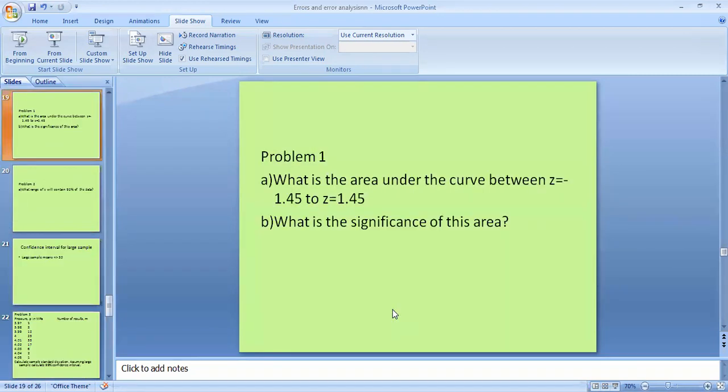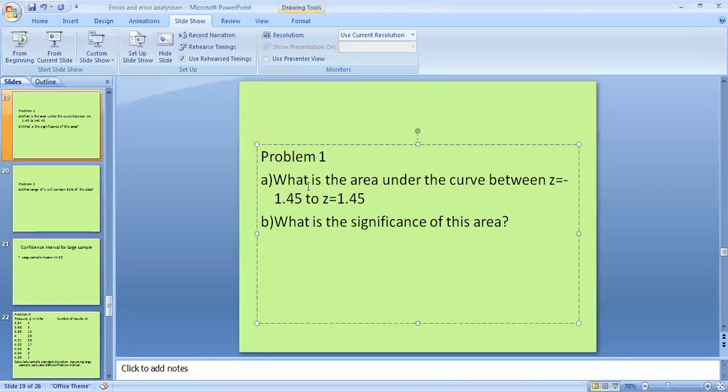Now, a short problem you can solve. Suppose Z is from minus 1.45 to Z equals 1.45. What is the area? What is the probability? You can find out from the table, and you also have to mention the significance of this area.